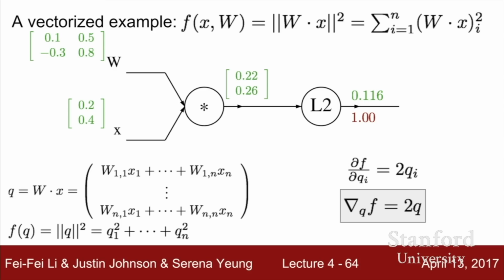And q is a two-dimensional vector. What we want to do is find how each element of q affects our final value of f. If we look at this expression that we've written out for f at the bottom, we can see that the gradient of f with respect to a specific qi, let's say q1, is just going to be 2 times qi.